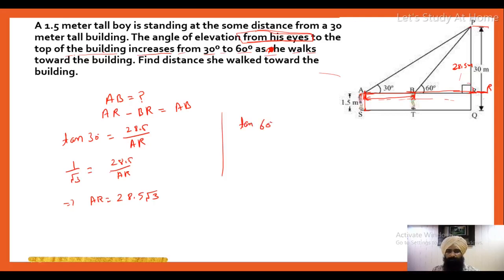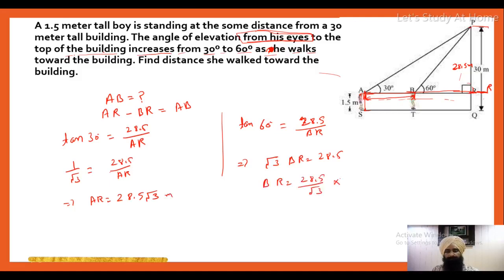So next I am going to use tan 60, means the second triangle PBR. In triangle PBR, tan 60 degree is equal to again perpendicular upon base, perpendicular is 28.5 upon BR. So this implies under root 3 BR is equal to 28.5 meter, BR is equal to 28.5 over under root 3 meter.